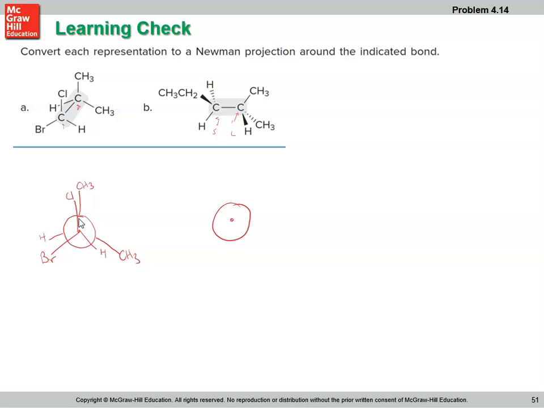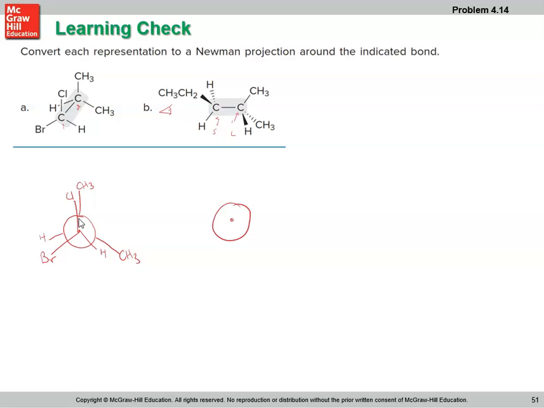Now I can see off of how this is drawn, the dashed lines here represent that it's going into the screen, and the dark line is representing that it's coming towards you out of the screen. So that means if I'm turning my view angle to look in this direction, so I'm looking right here into this carbon, this ethyl group is going to be to my right off of the small carbon.